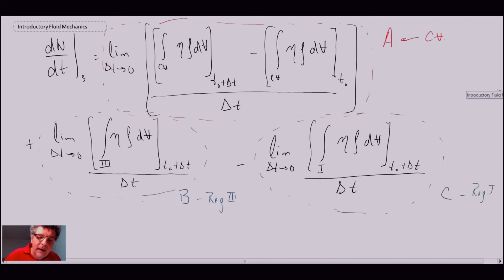So in the limit as delta t goes to 0, what you'll notice in the expression for A is that these two terms are just the value of N evaluated for the control volume at either t0 plus delta t or t0.